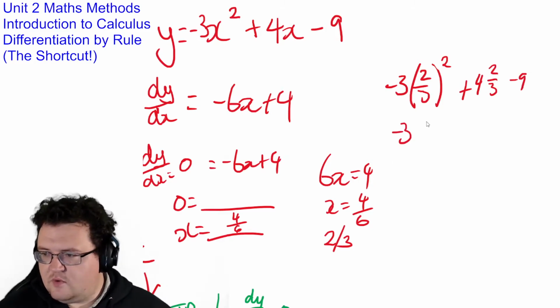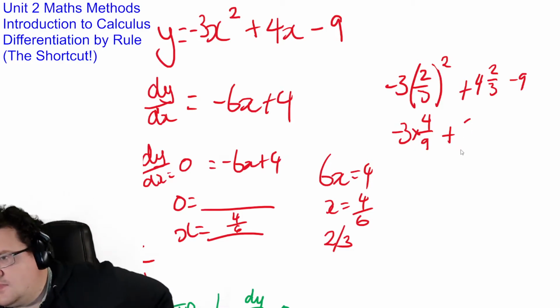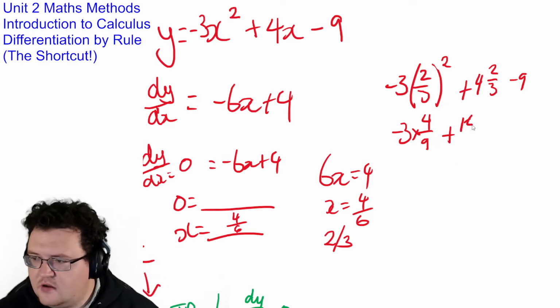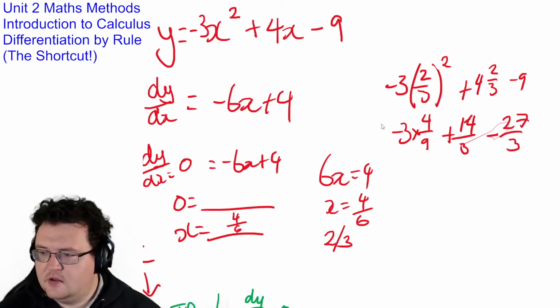So it's minus 3 times 4 over 9. 4 times 2 over 3, so that's 12, that's 14 over 3. Minus 9, which is 27 over 3.